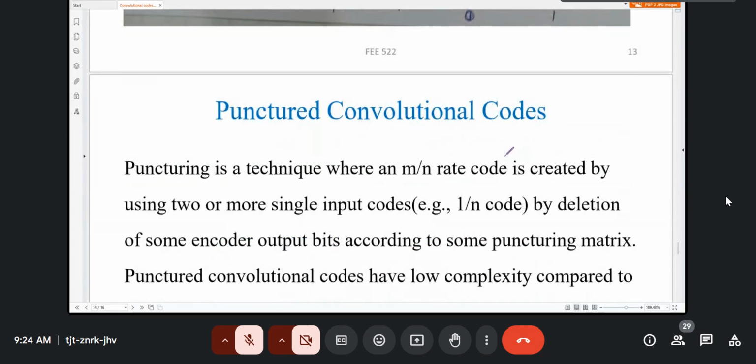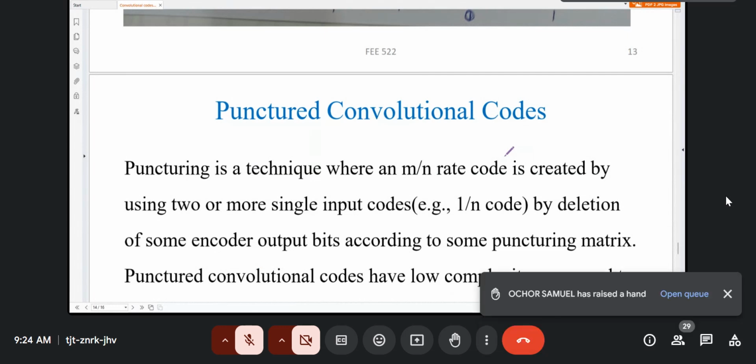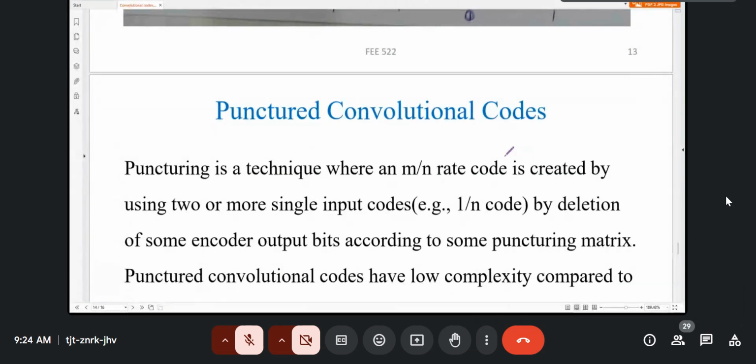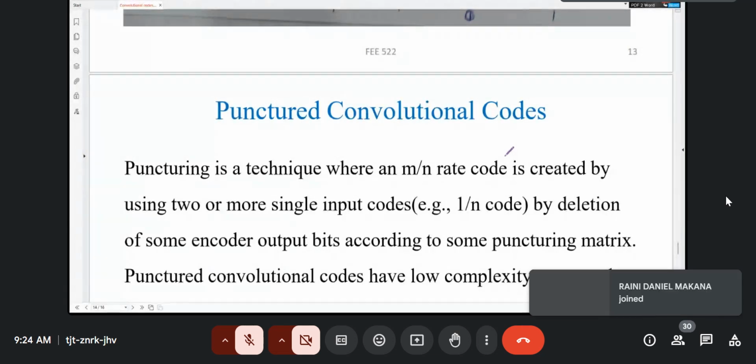Anybody who has a problem, is everybody okay with it? Yes, someone. Yes, I think I lost my network for a few minutes, but I have a few questions that will help me consolidate what I've gotten so far. The first one is, when the encoder sends that sequence, how is it received by the decoder?